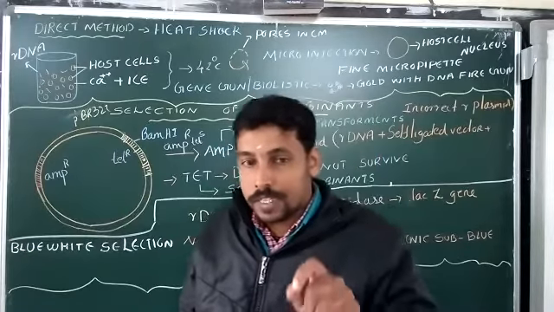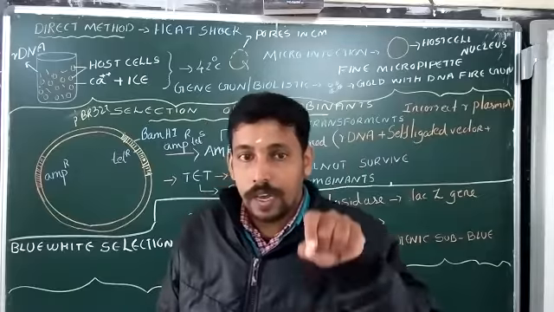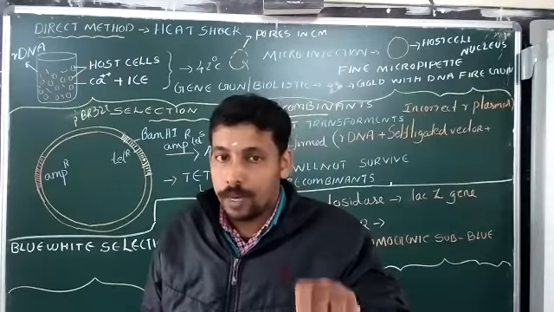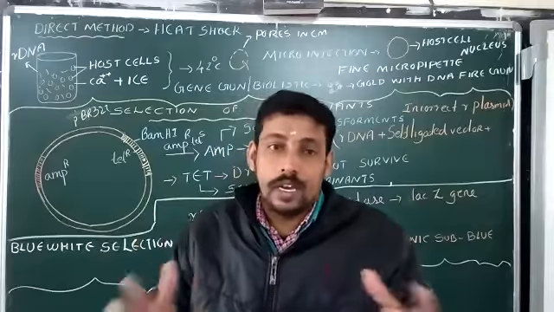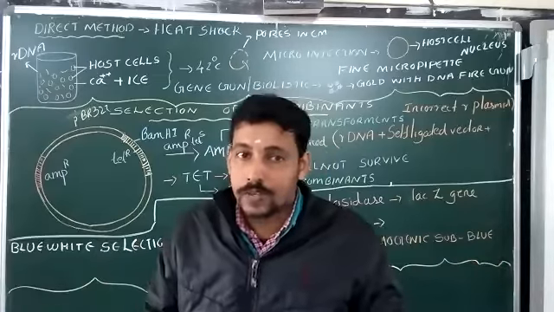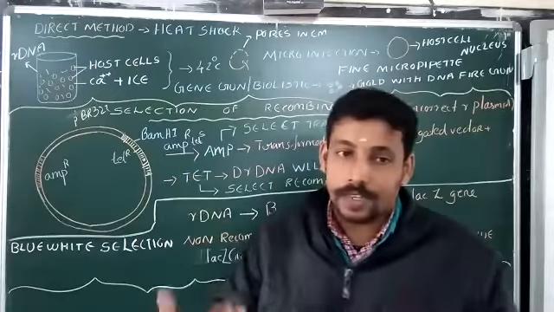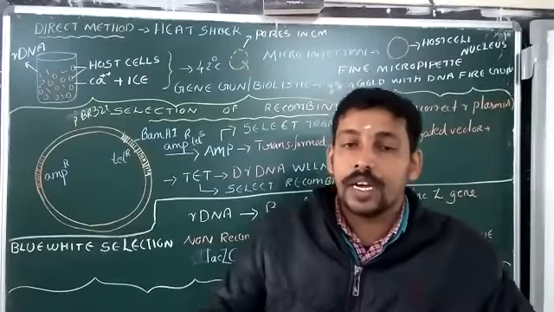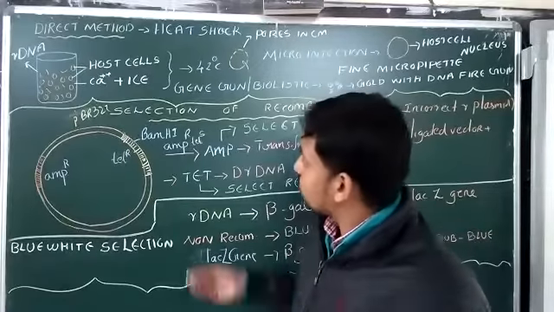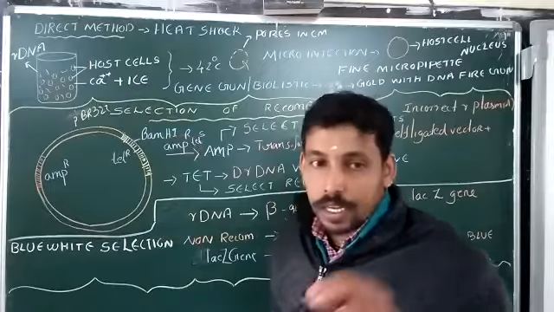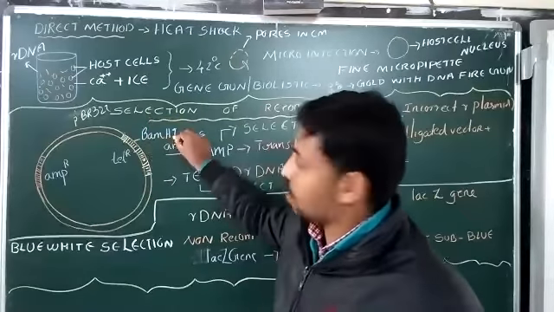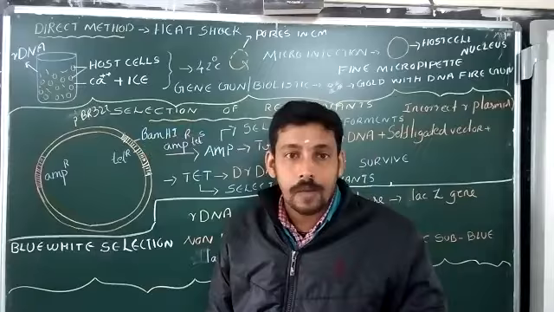So here we are studying the method of selection of the recombinants. How can we select the recombinants from the culture? By using our naked eyes it is not possible, so we are using certain techniques. The first technique is known as antibiotic resistance. When a foreign DNA is ligated or inserted into this BamHI sequence, what will happen?